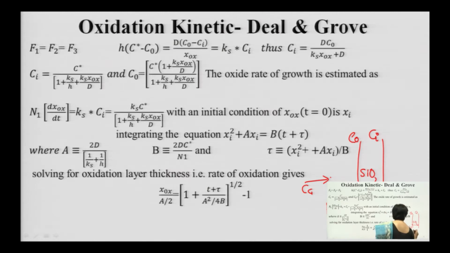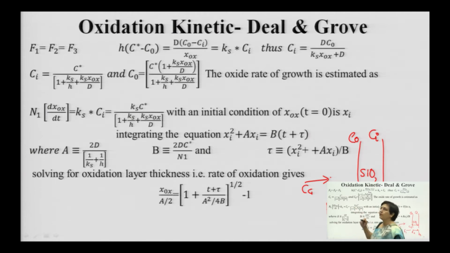The second one, through the oxide from the outer layer to the inner layer, I call F2. The third one is the reaction rate, which depends on the available number of silicon molecules ready to react with oxygen and form silicon dioxide. So, these are the three fluxes we saw.